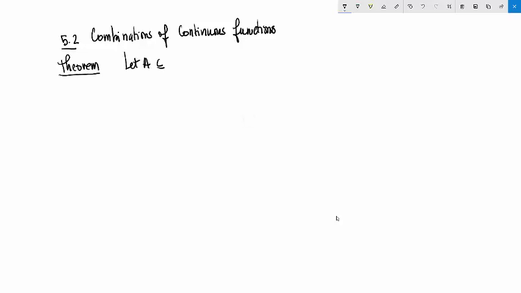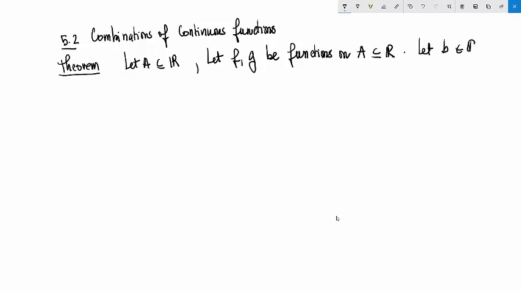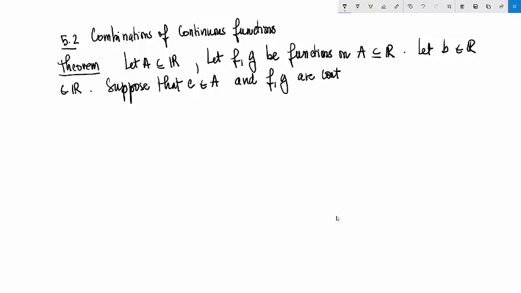Let A be a subset of the reals, and let f, g be functions on A. Let's suppose that B is some real number. Suppose that C is in A and f, g are continuous at C.